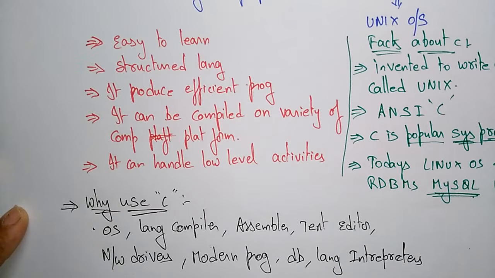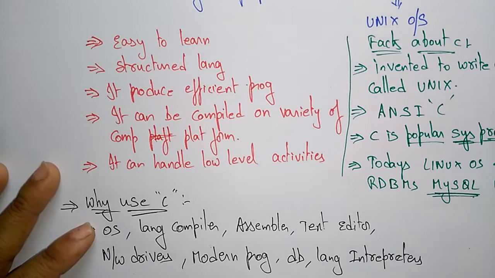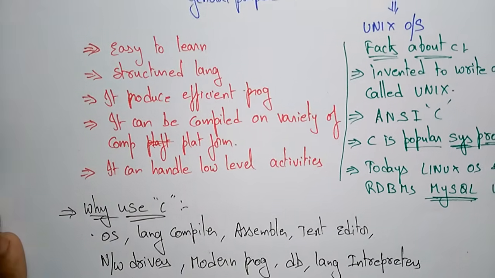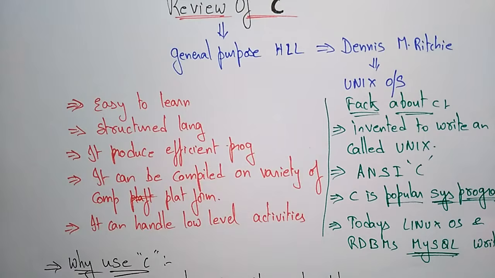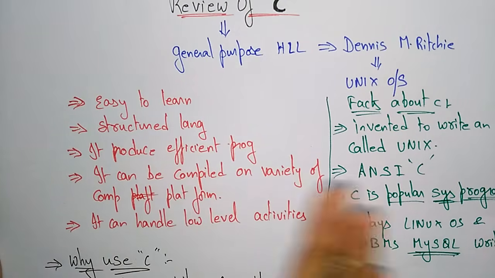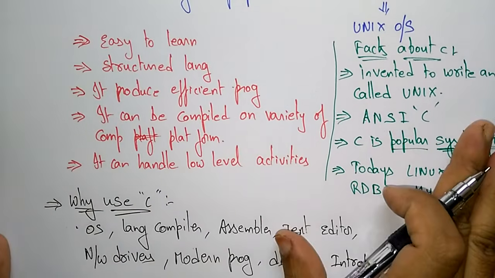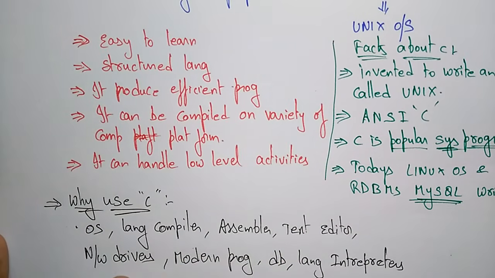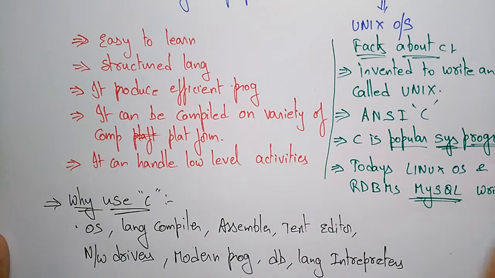For all this development we are using the C language. So this is a basic introduction of the C language. Here I explained the various reasons why you prefer C, the facts about the C language and why we use it. C might be an operating system, language compiler, assembler, text editor.